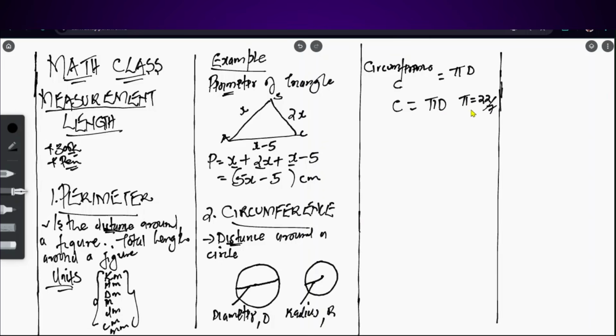This is a constant value you're given. Sometimes it can be given as a decimal, depending on the question.